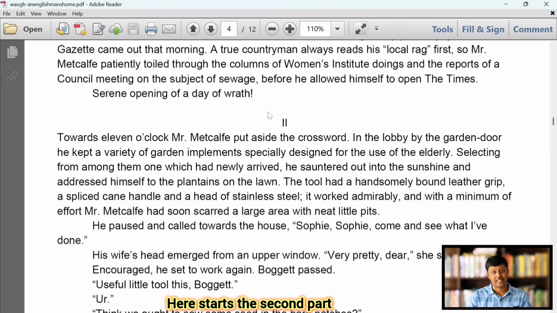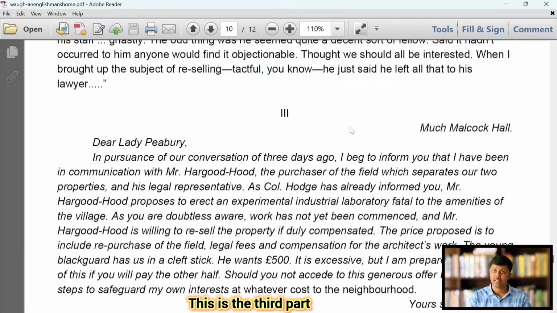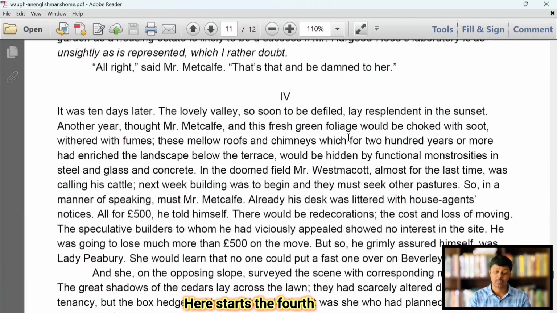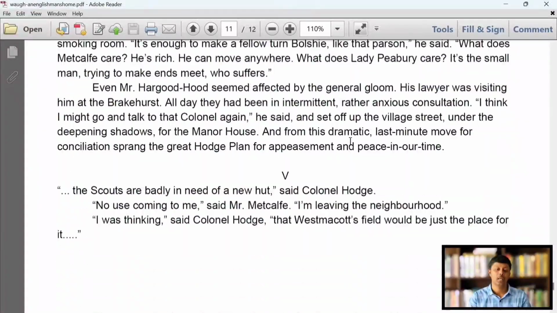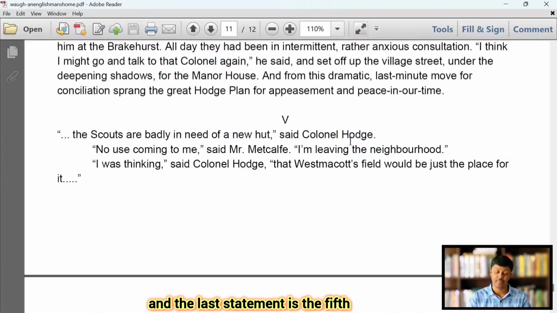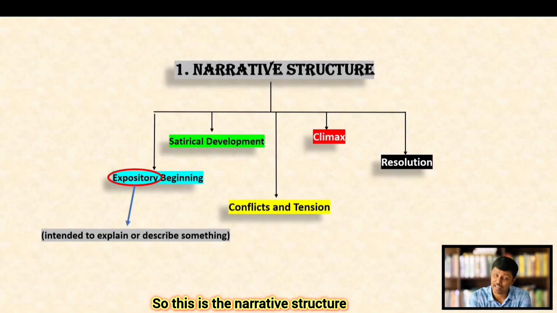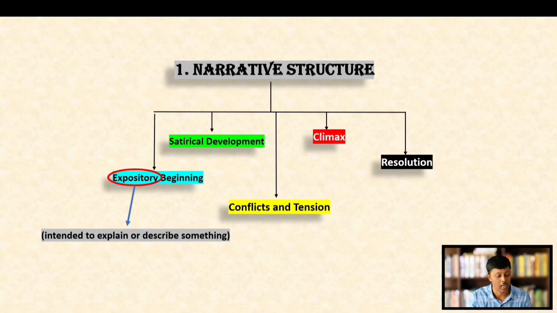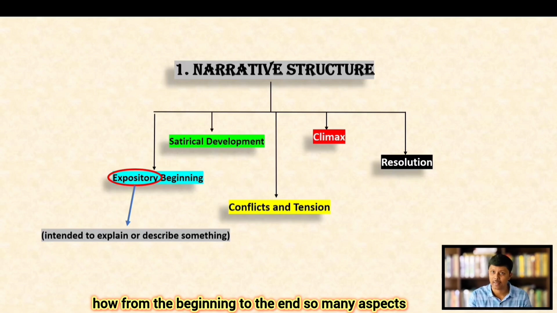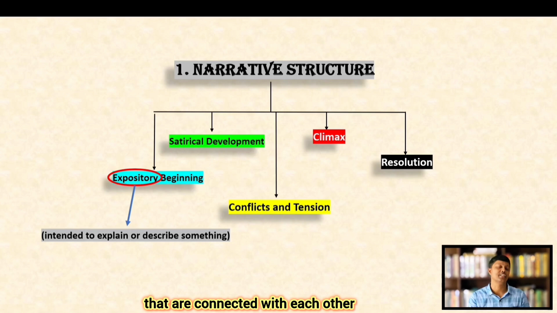Here starts the second part. This is the third part. Here starts the fourth, and the last segment is the fifth. So, this is the narrative structure, and those are the five parts. You have to learn how, from the beginning to the end, so many aspects are connected with each other, and they need serious attention to understand.